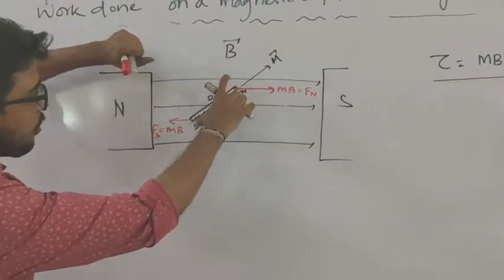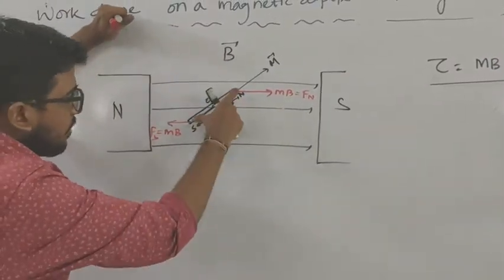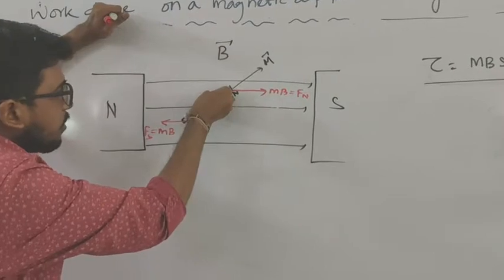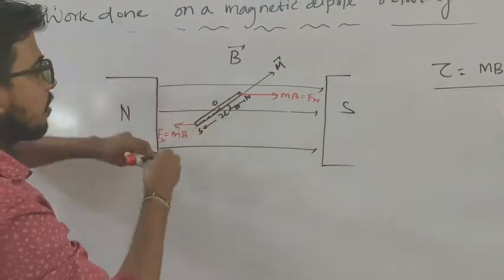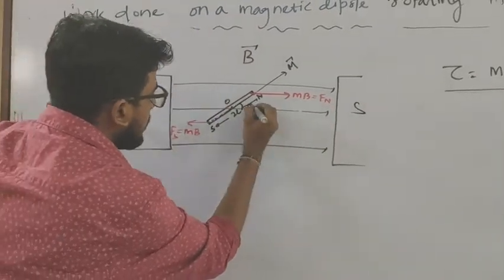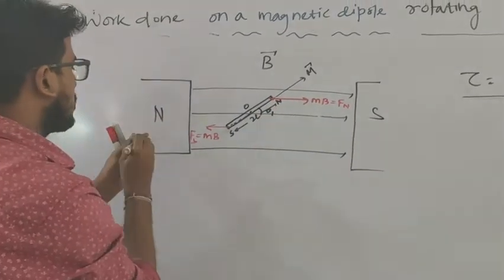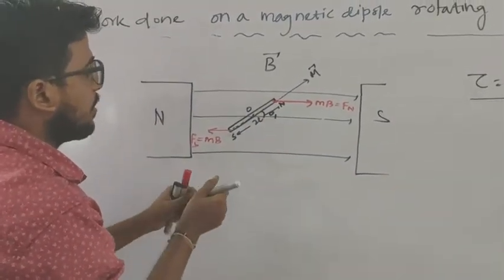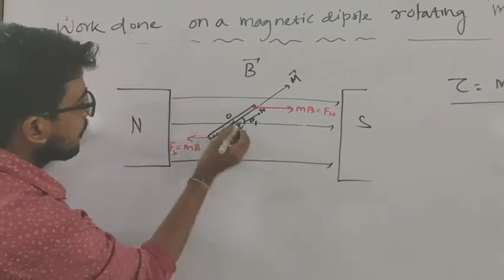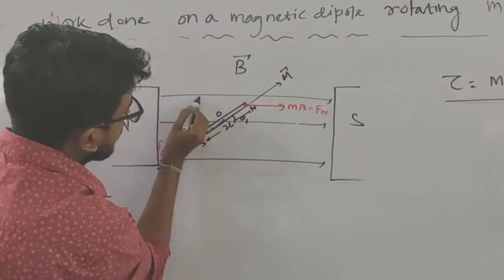So if we want to rotate this dipole from any position theta 1 to any further position theta 2, from this position we want to rotate this dipole to any further position.